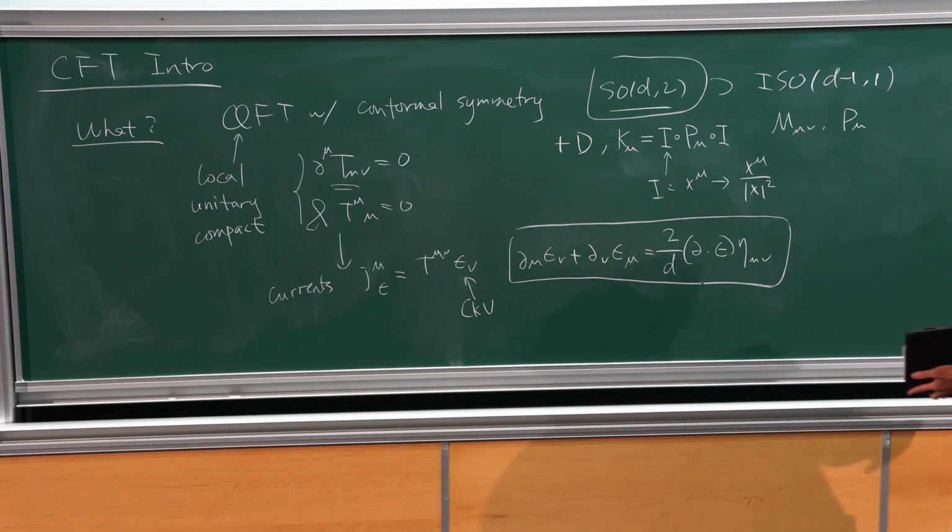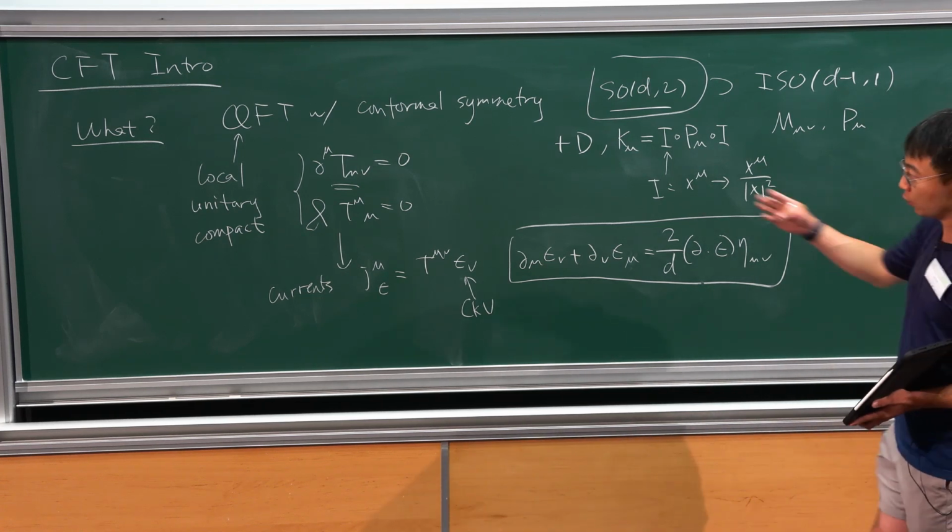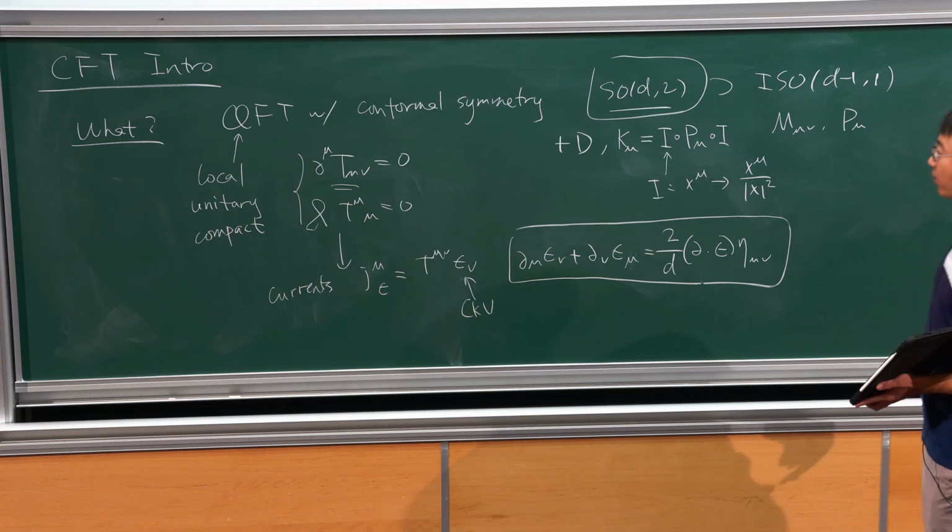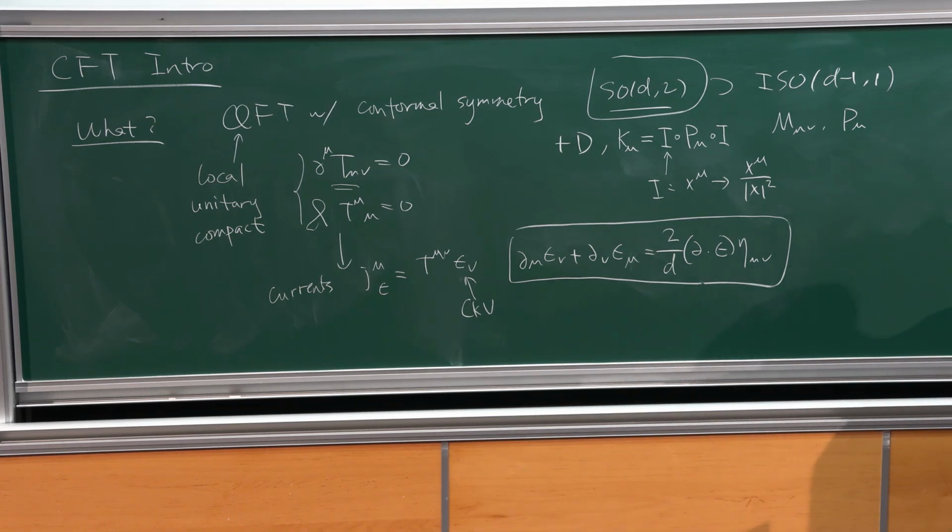Now that you have a symmetry, as is the case with any symmetry, including the case of space-time symmetry as well as the case of internal symmetry, which has been the focus of this school, you can organize operators and states in your theory in terms of representations of the symmetry.